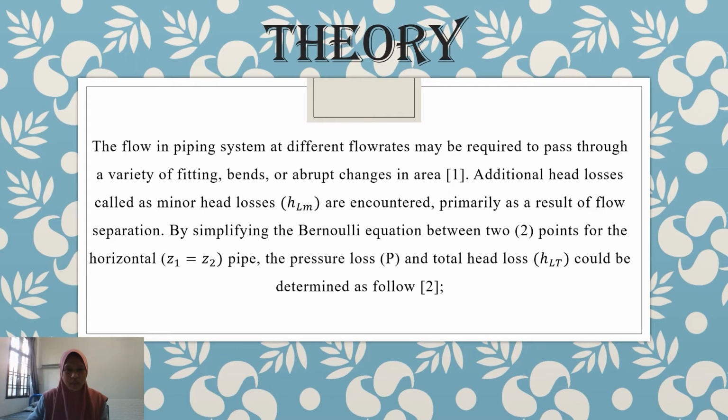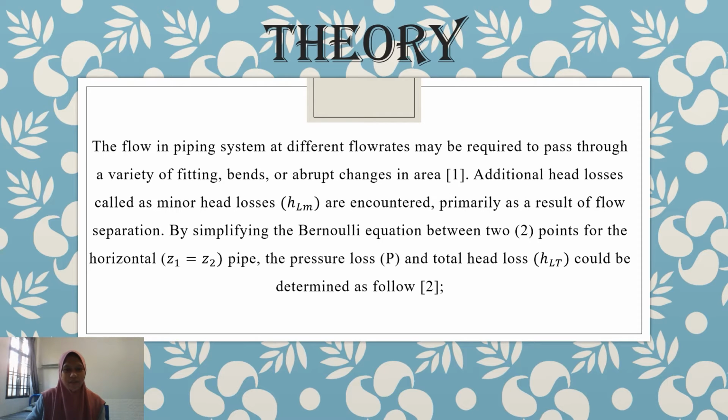To do this experiment, we have the theory. The flow in a piping system at different flow rates may be required to pass through a variety of fittings, bends, or abrupt changes in area. Additional head loss, called the minor head loss HLM, is encountered primarily as a result of flow separation.